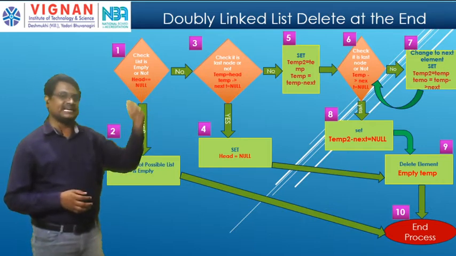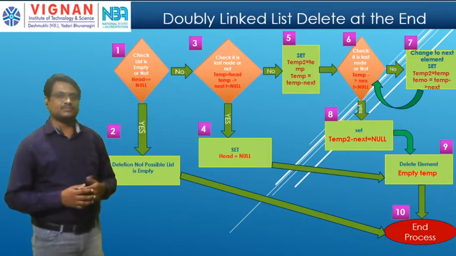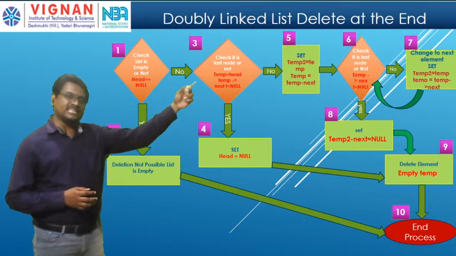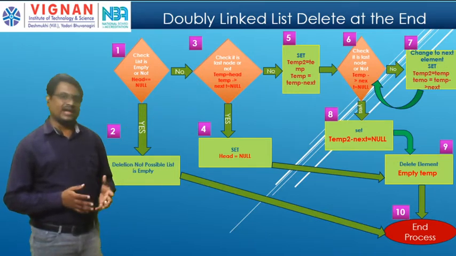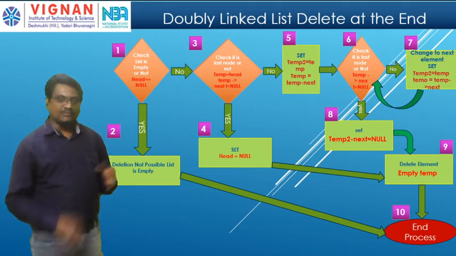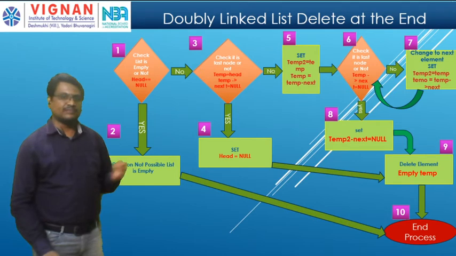So it is a cyclic process. For that cyclic process, I will use iterative statements like while or for. So for 1 and 3 I will use if, and for 6 I will use while or for according to my requirements. Now I am going to explain the program conversion.